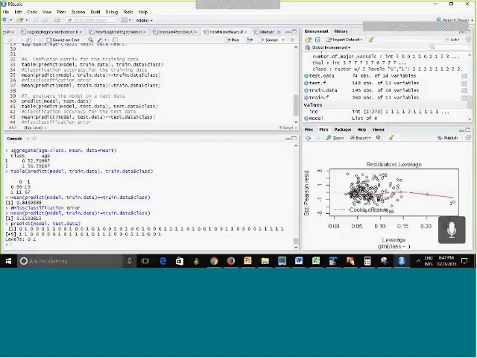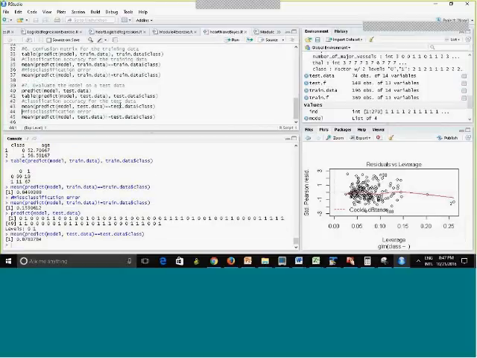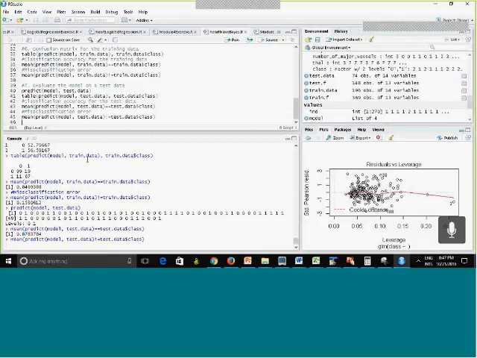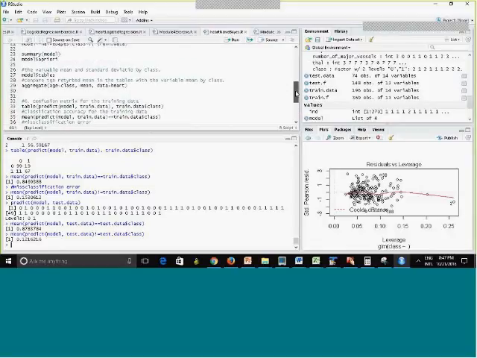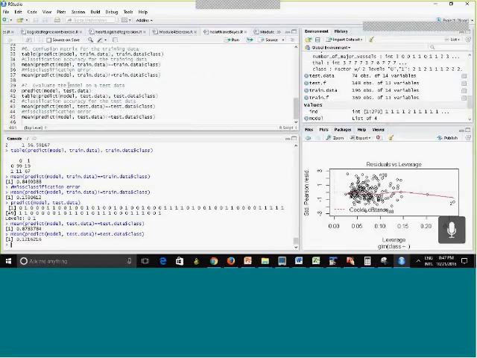So this is showing the predicted, which is going to be either 0 or 1. Here the classification accuracy is 87%, and this is the misclassification. So basically that's what it is.